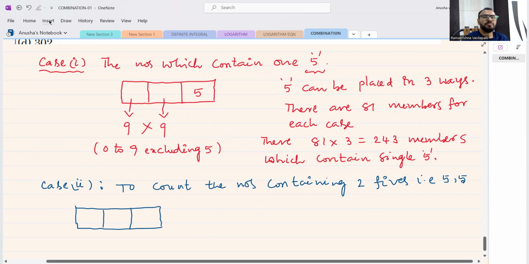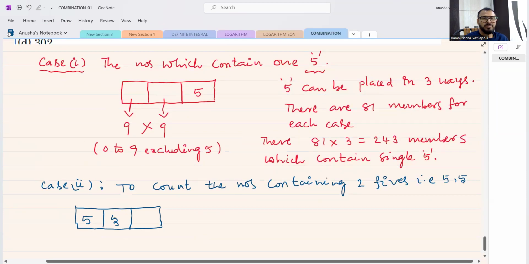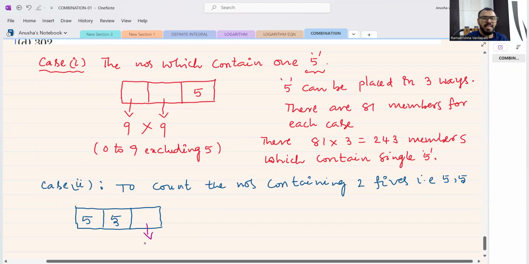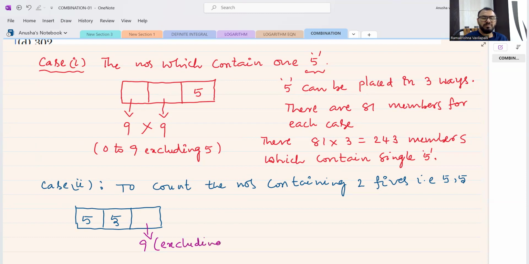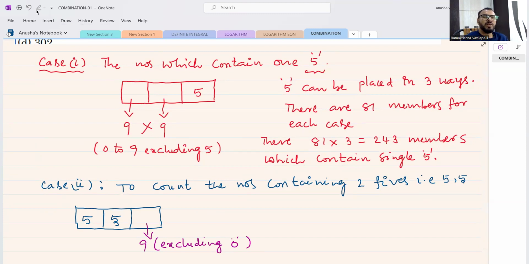Suppose the 2 fives are placed in the first two boxes. Now this place can be filled in 9 ways, excluding 5.